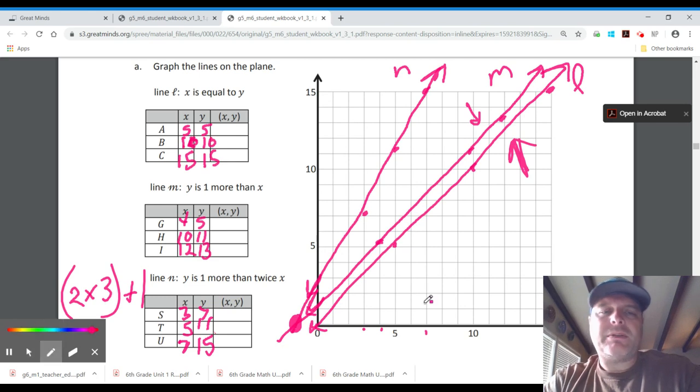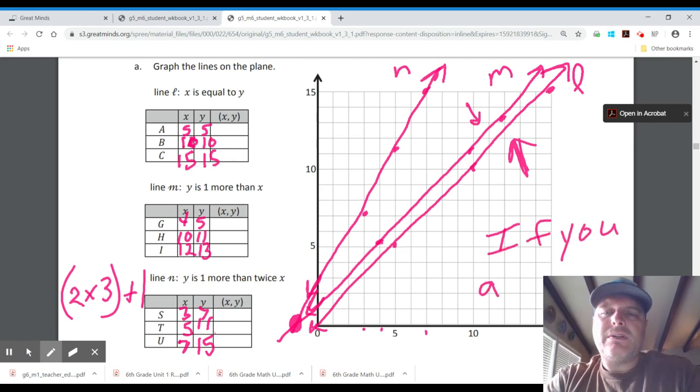If you add, so I'm going to write this rule down. If you add or subtract from x, the lines will be parallel.